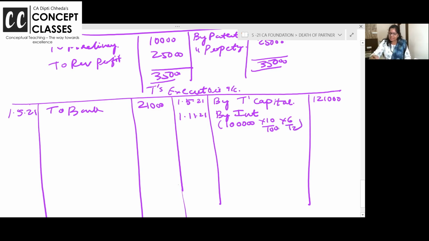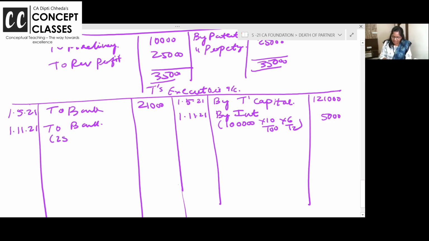Everyone in the class is clear? 1 lakh into 10% into 6 by 12, 5,000. T's executors, I have to pay you interest because 1 lakh rupees I have used. Now, after 6 months, at the 11th month, when you are paying him installment, 4 half-yearly installments, so 1 lakh rupees divided by 4.